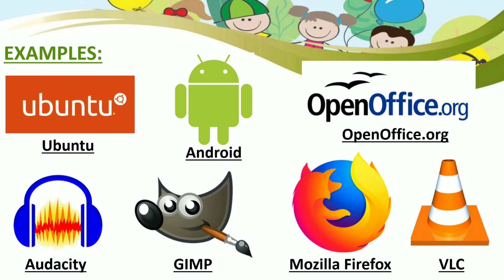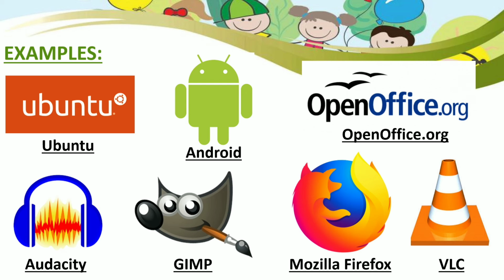So students, here some open source software examples are given. Ubuntu, that is free operating system for desktops. Android for smartphones. OpenOffice.